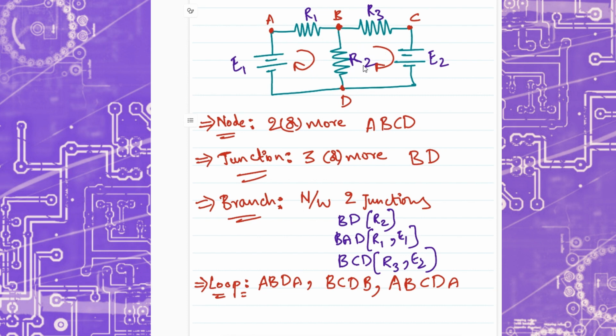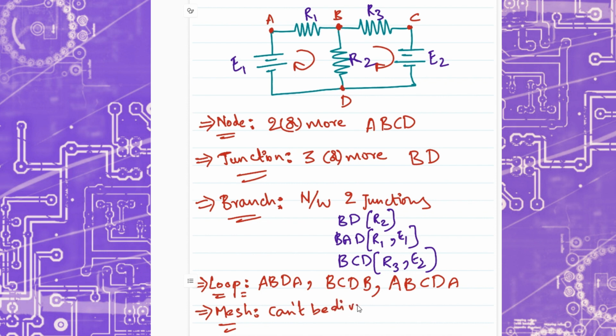Now, another most common term that you listen to in electrical networks is the mesh. So, what is the difference between a mesh and a loop? A mesh is the most elementary form of the loop, and a mesh can't be divided into further loops.